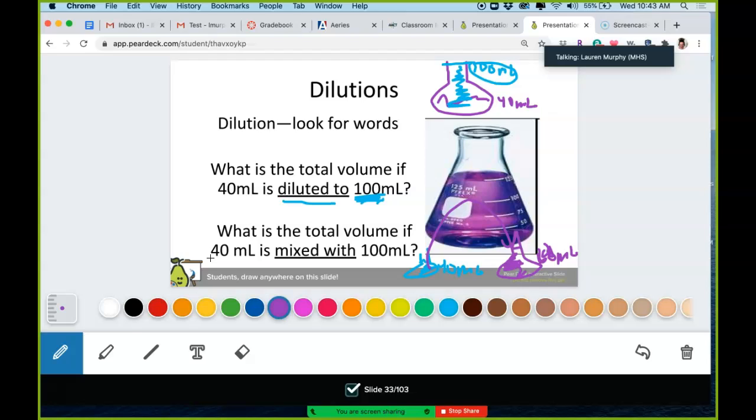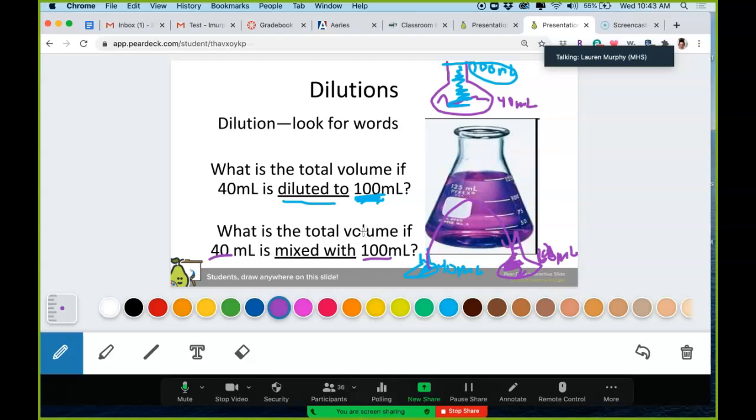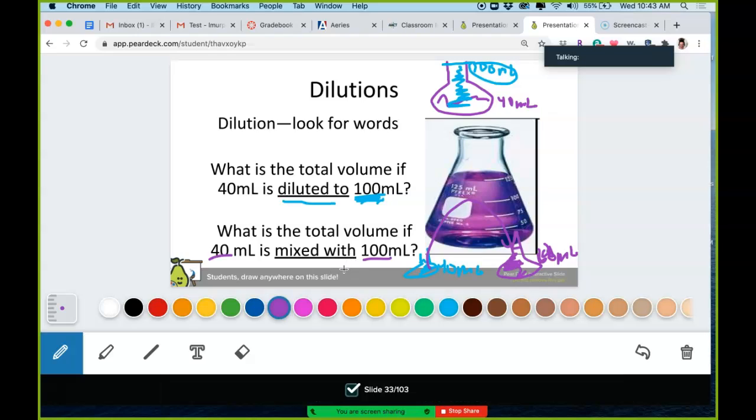You now have a total of 140 milliliters of stuff in the container. So the total volume with this wording is going to be 140 milliliters. Questions?